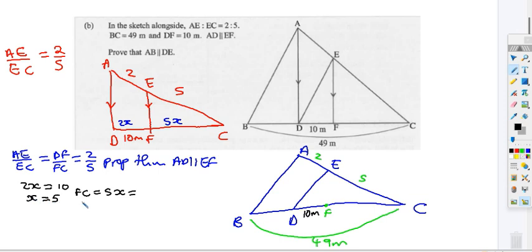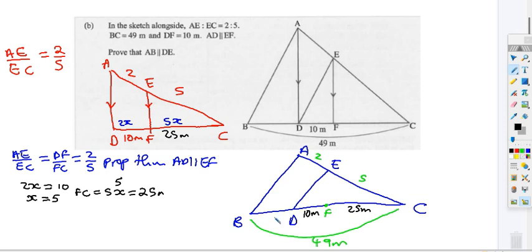Our x is equal to 5, so this is 5 times 5, so this is 25 meters. So this one is 25 meters. Now, this is 10 meters, this is 25 meters.